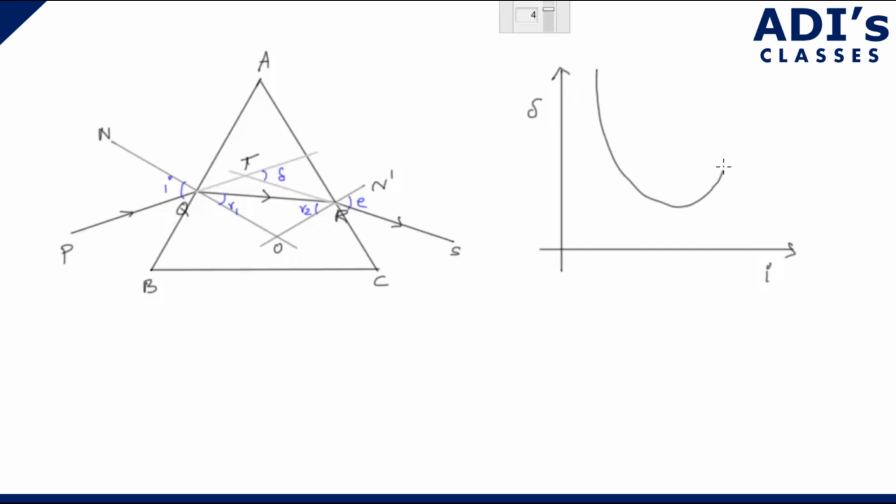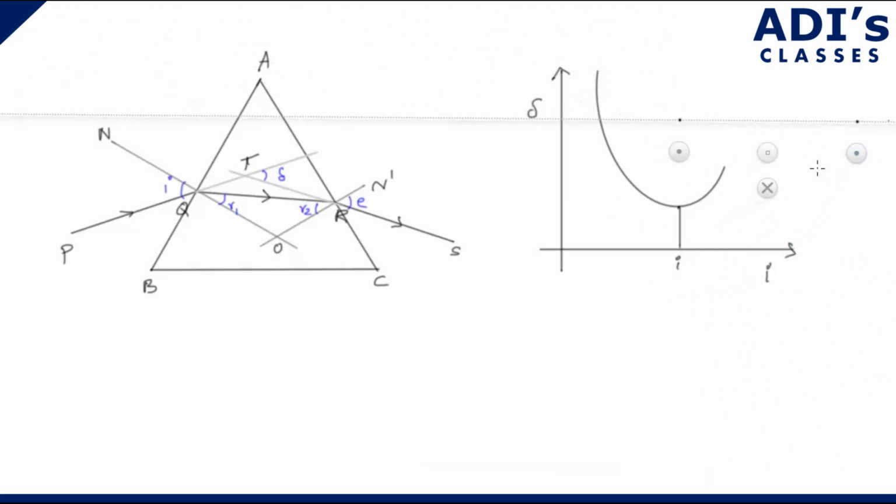When we plot this, we get a curve something like this. Here, only at one point it's minimum, correct? That value is what we call the angle of minimum deviation. So at this point, we'll call it I, the angle of minimum deviation.